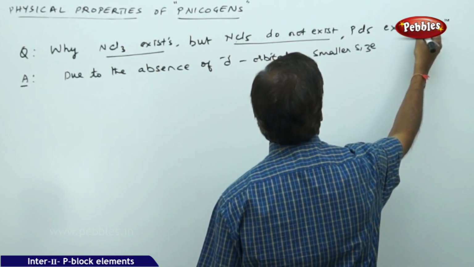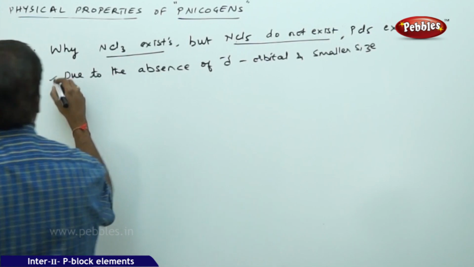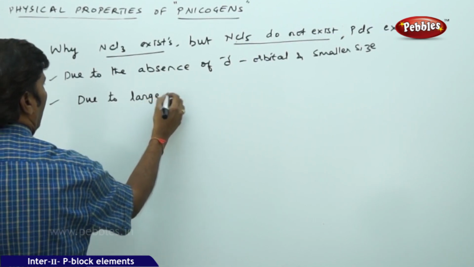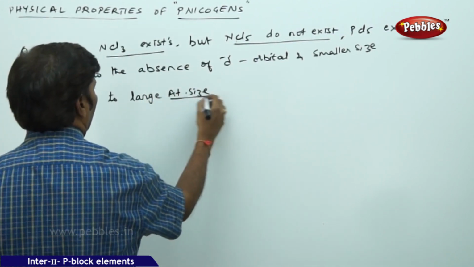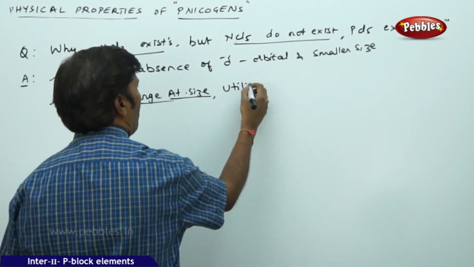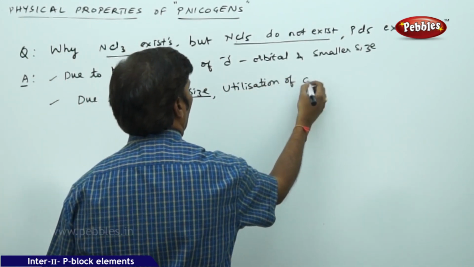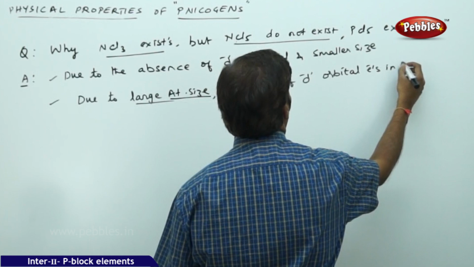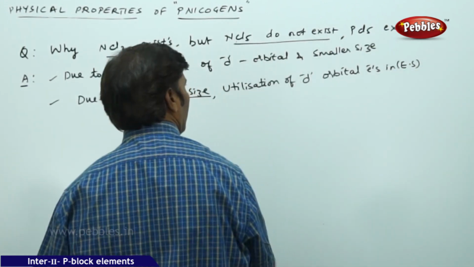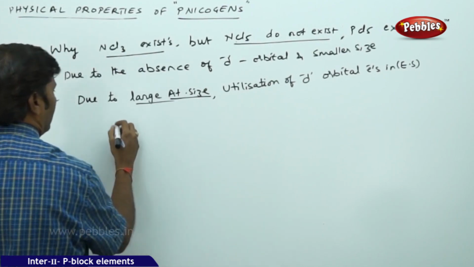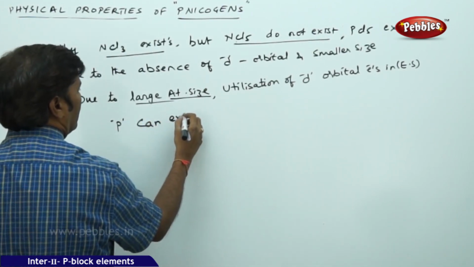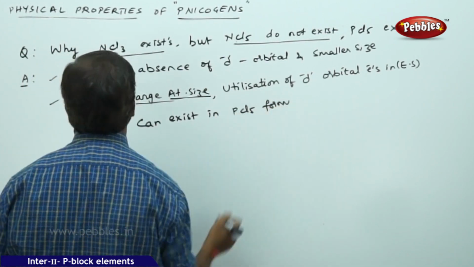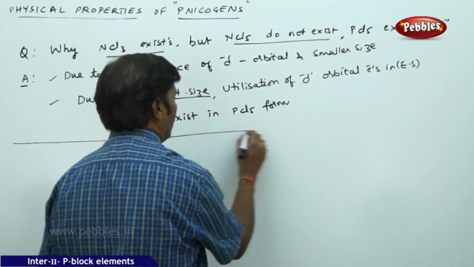It is because in phosphorus, due to its large atomic size and the utilization of d orbital electrons in the excited state, phosphorus can exist in the PCl5 form. This is one question we can answer.